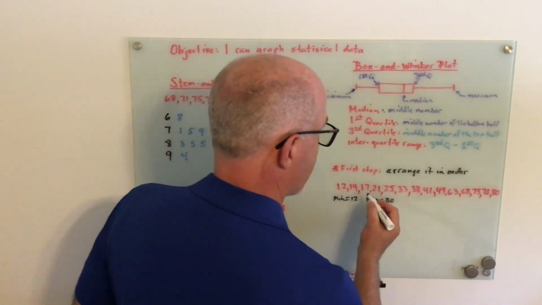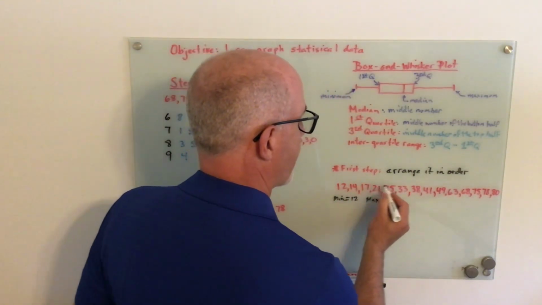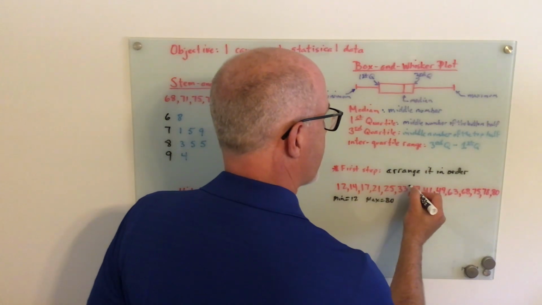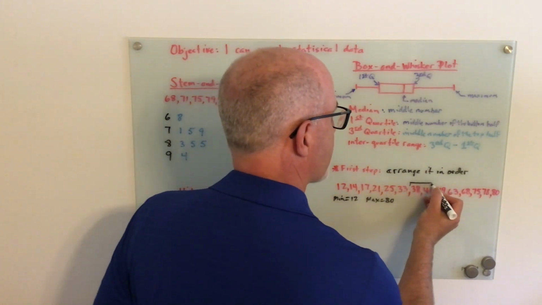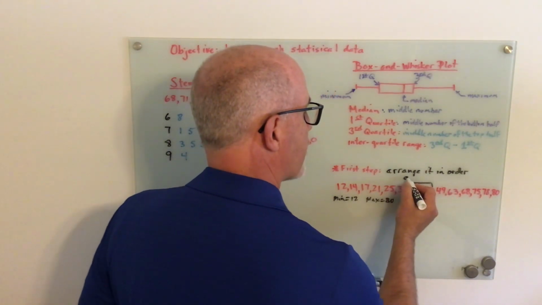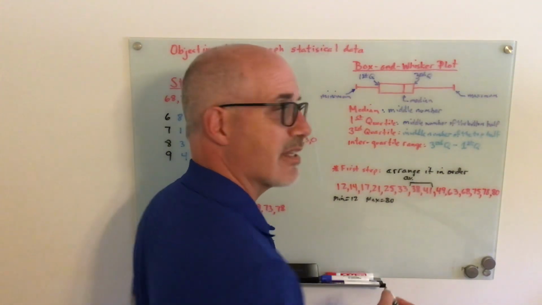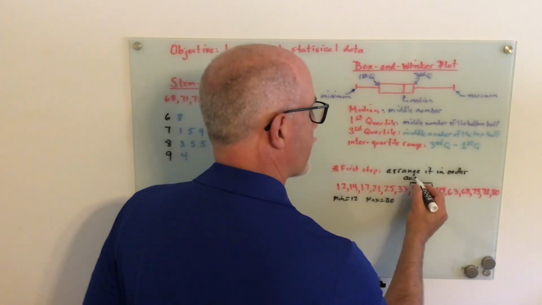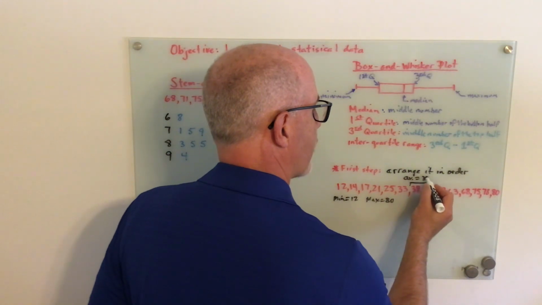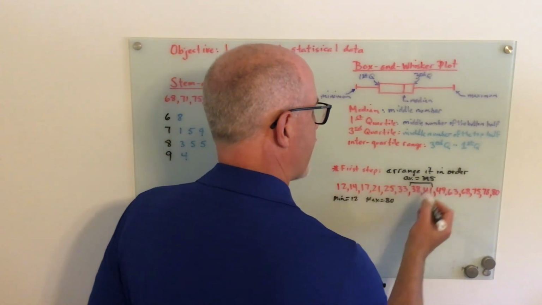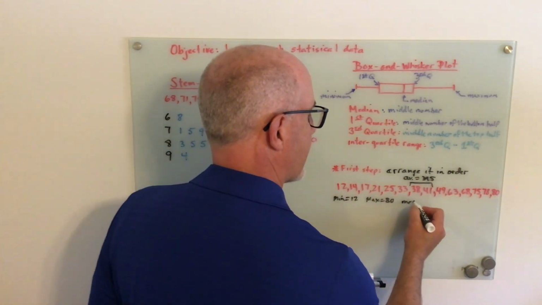So on this, notice I'm going to count 1, 2, 3, 4, 5, 6, 7. These two are my middle numbers, and you average those two if there isn't a middle number. And if you average those, you get 39.5. That's my median.